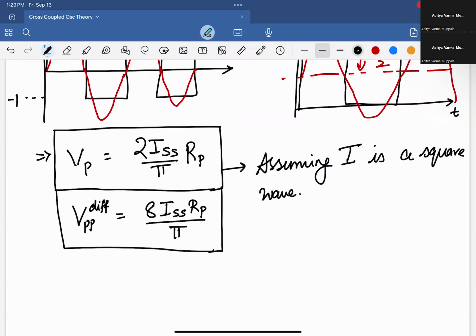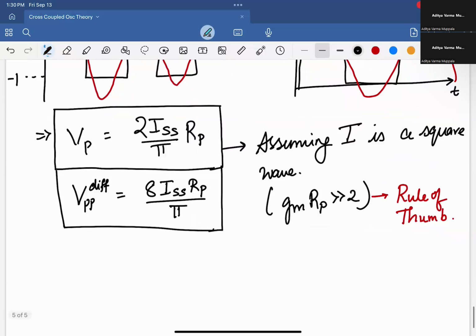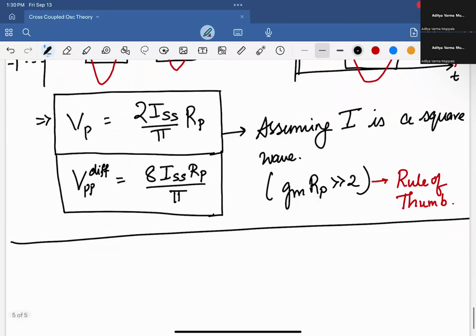So you need to basically drive M1 and M2 completely, switch them basically to on and off states so that it drives the current as a square wave. And we'll see how to do that. So that's essentially GMRP must be much greater than 2. This is again another rule of thumb to keep in mind. Right? And this kind of enforces the transistors to drive the current with maximal switching. Okay. So that's basically the idea behind these kind of oscillators.